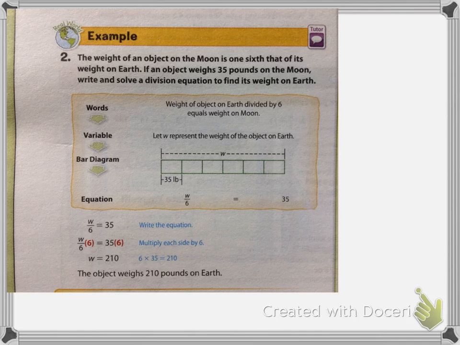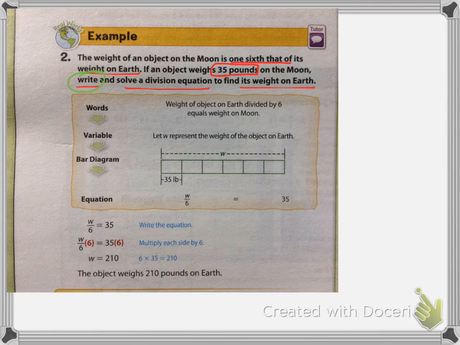All right, so what you want to take a look at here for example 2, it says the weight of an object on the moon is 1/6 that of its weight on Earth. So I'm even thinking to myself off to the side, 1/6 of its weight, actually. If an object weighs 35 pounds on the moon, write and solve a division equation to find its weight on Earth. So the first part of this says, and I'm just going to go ahead and highlight it in green again, the first part of that says to write.